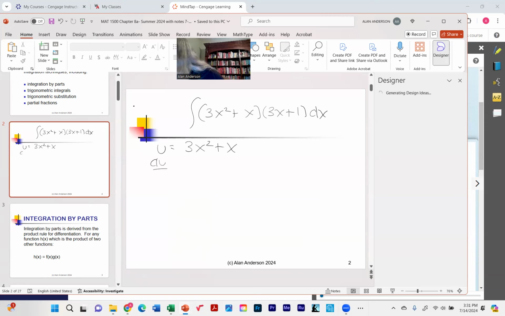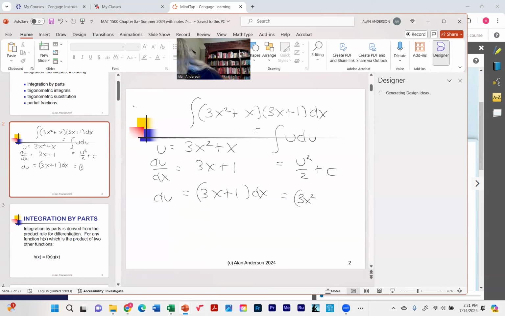And then du dx is simply 3x plus 1. And so du would be 3x plus 1 dx. And so you'd have this nice form here, u du. It would ultimately end up with 3x squared plus x squared over 2.